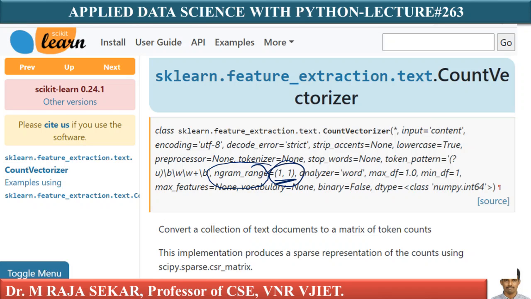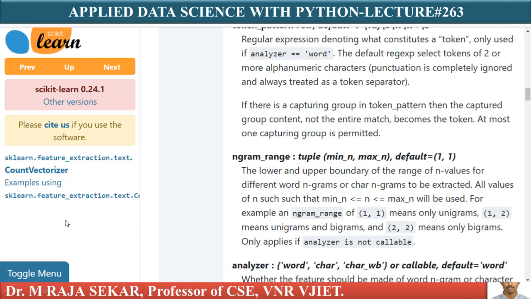By default, its value is 1, 1. What is this n-gram underscore range? We will try to understand. Basically, it is a tuple. If you say min underscore n is 1 and max underscore n is 2, what does it mean?